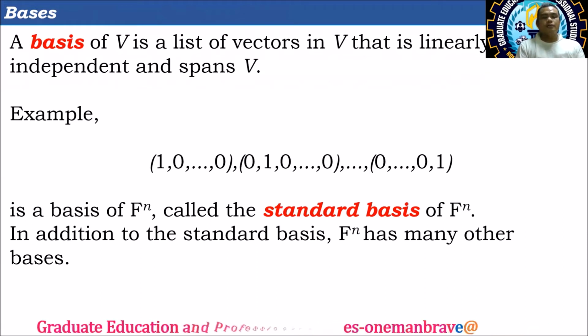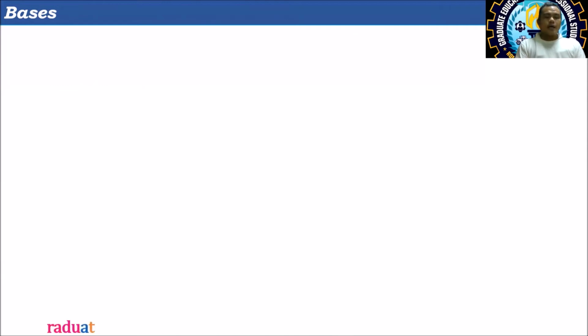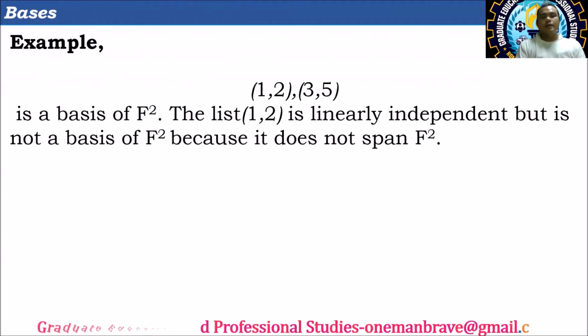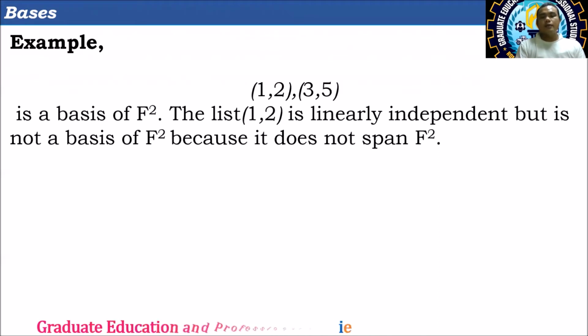So with that, another example is that we have (1, 2) and (3, 5) is a basis of F2. The list (1, 2) is linearly independent but is not a basis of F2 because it does not span F2.